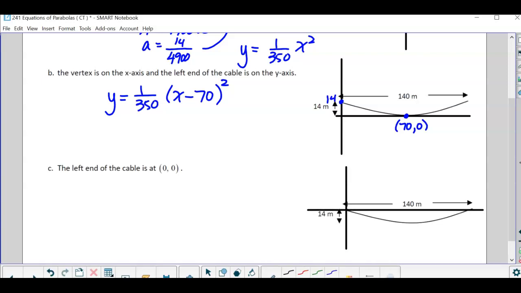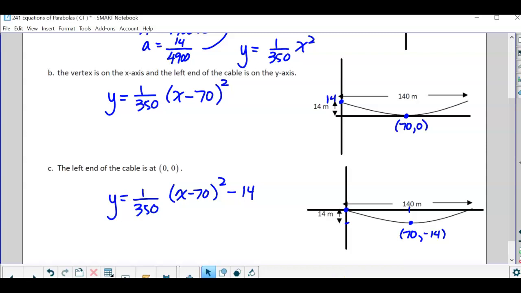The vertex now is at 70 for x, halfway, and then 14 meters down, so negative 14. So again, same stretch factor, but now it's been translated in both directions. Exact same stretch factor, different locations for the vertex, exactly the same cable. It just depends where you put your origin. Okay, that's it.